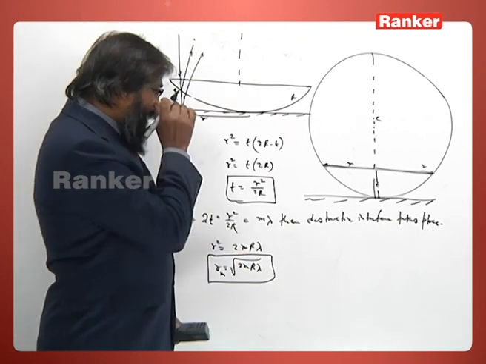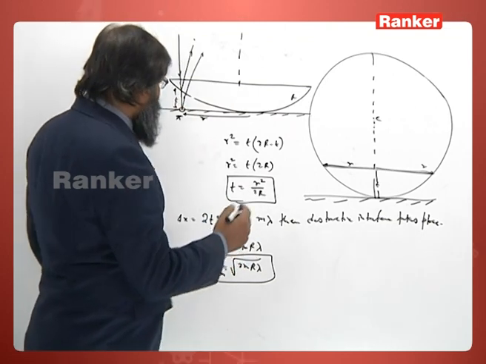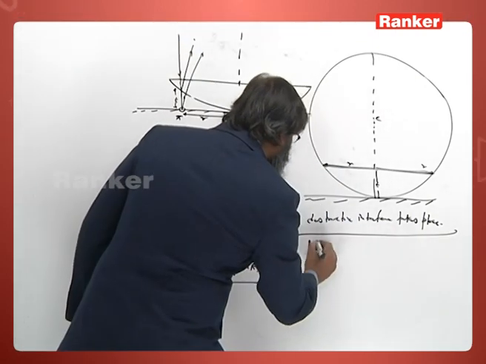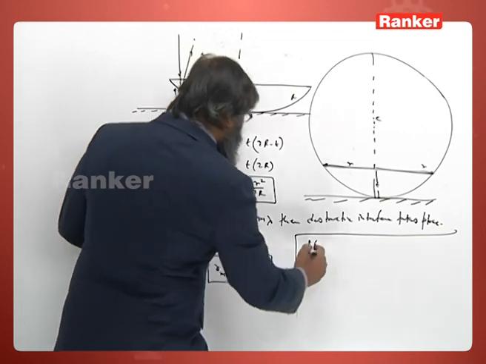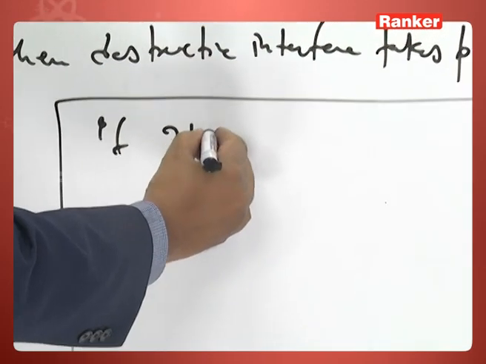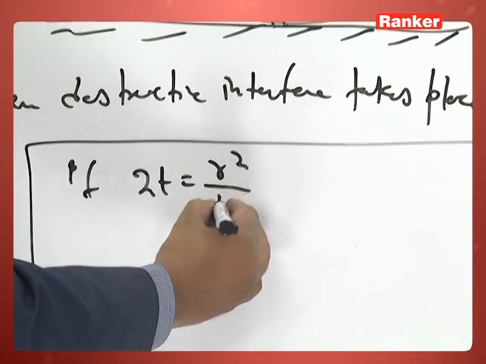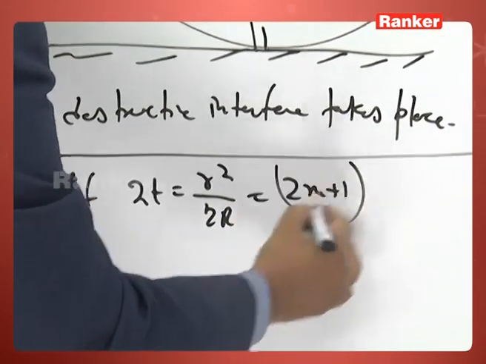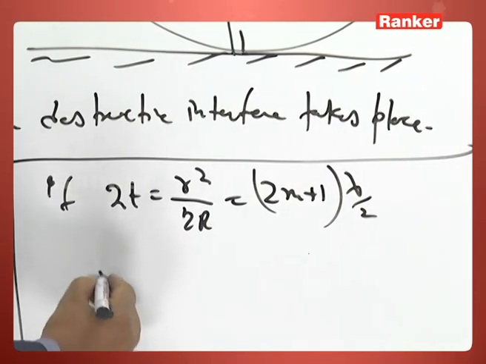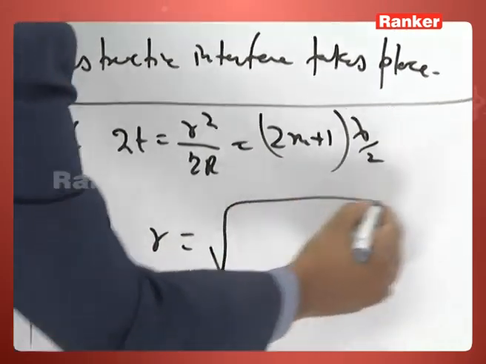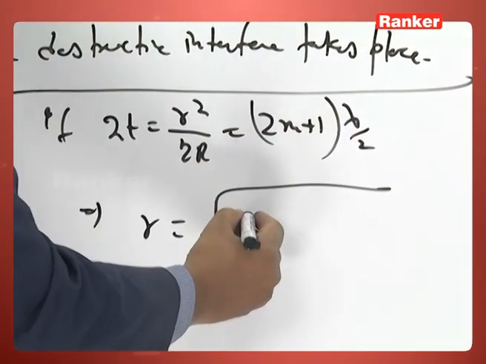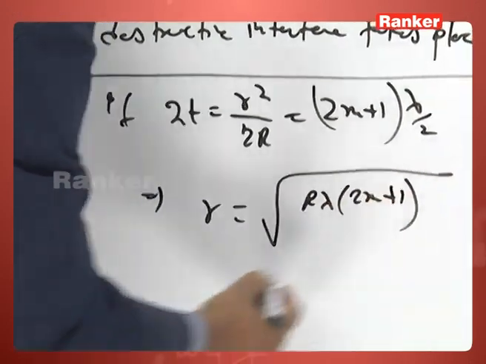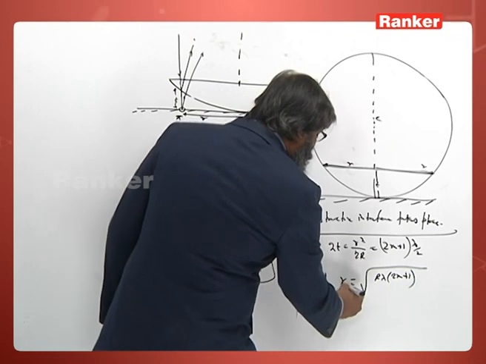And now for brightness, if this path difference, that is 2t, which is r square by R, is equal to (2m plus 1) lambda by 2, this implies r becomes root over (2m plus 1) R lambda by 2.